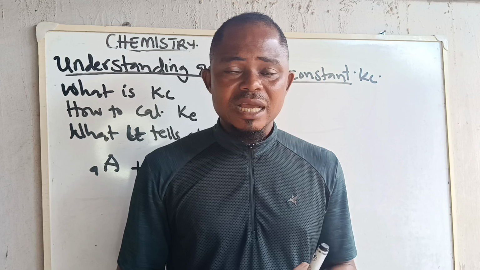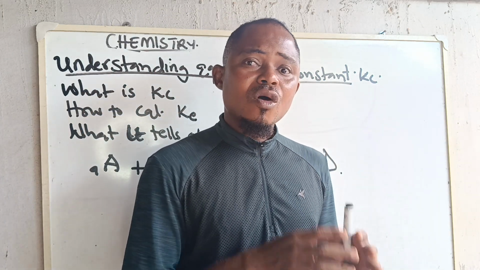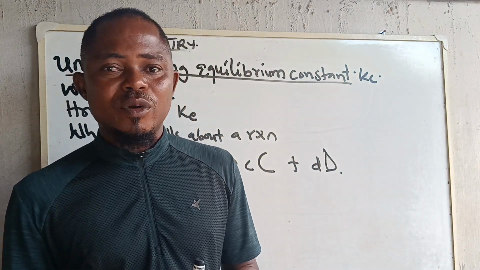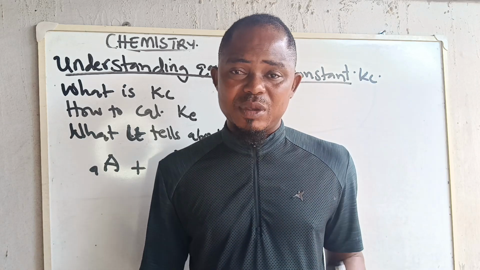I take it again. Equilibrium constant simply is the ratio of the concentration of products to the reactant in equilibrium raised to the power of their coefficients in a balanced chemical equation.